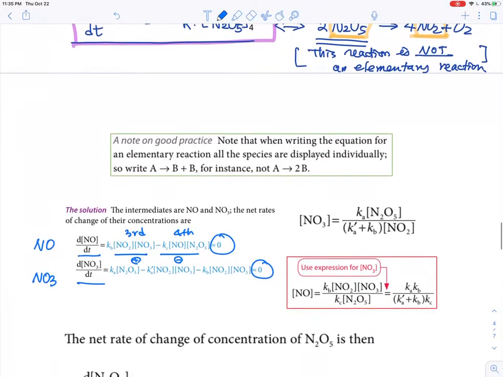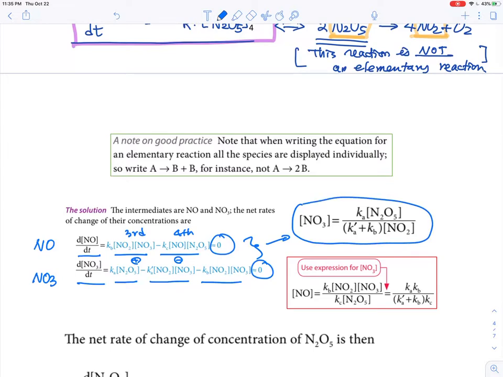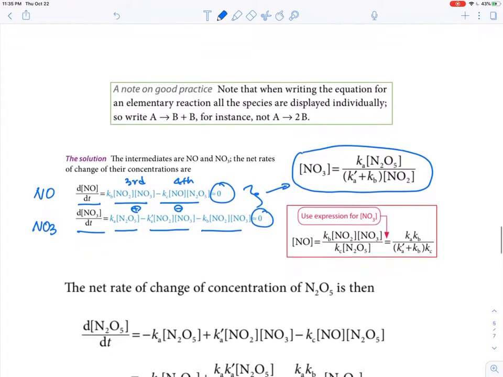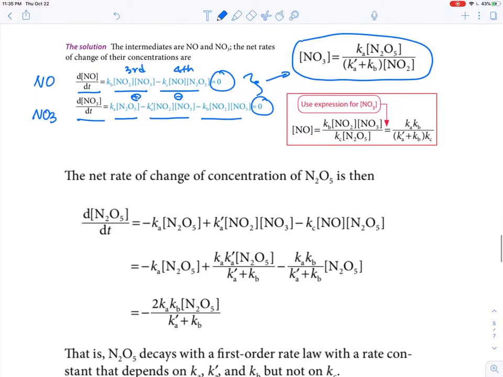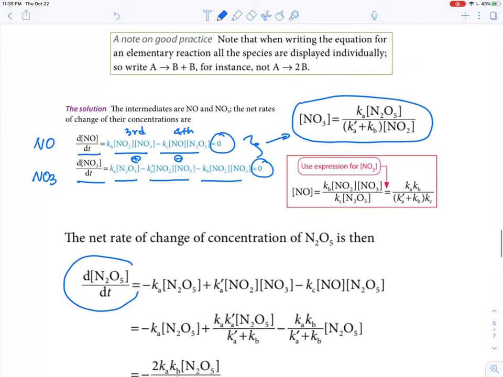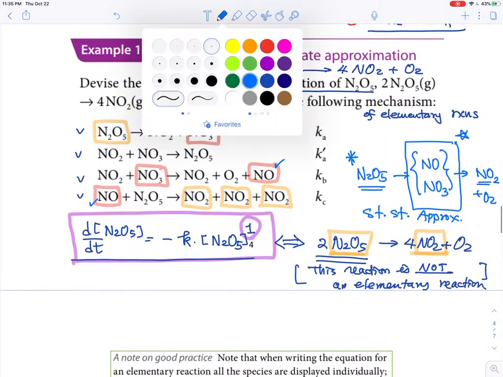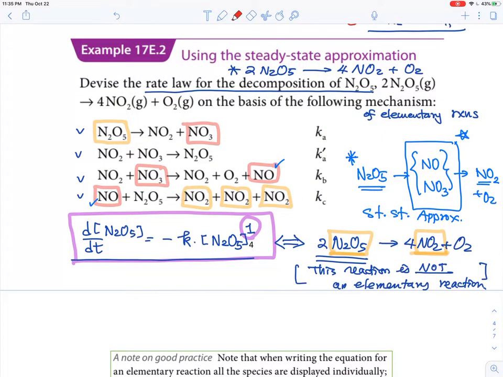As far as the NO3, this is more complex, being made and consumed, and you can put this one right away. By doing so, you can solve for NO3 and have this expression, and then you put this into the main equation, the first equation as far as N2O5 is concerned. Where is N2O5?